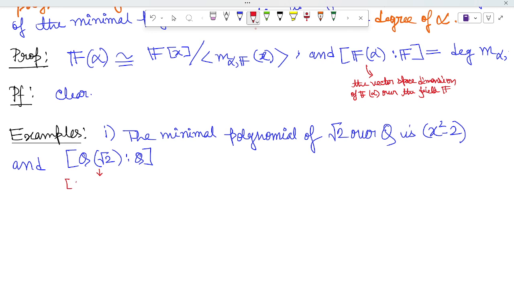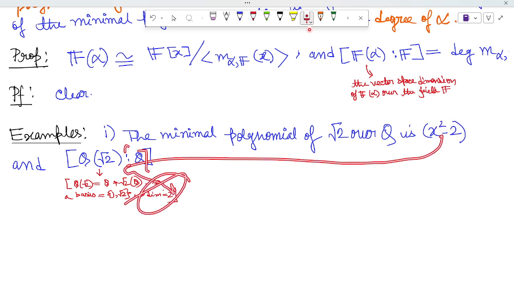So Q(root 2) is a plus root 2 times Q, with basis 1, root 2, which implies dimension equal to 2. From the minimal polynomial, whose degree is 2, you can also conclude the dimension is 2.